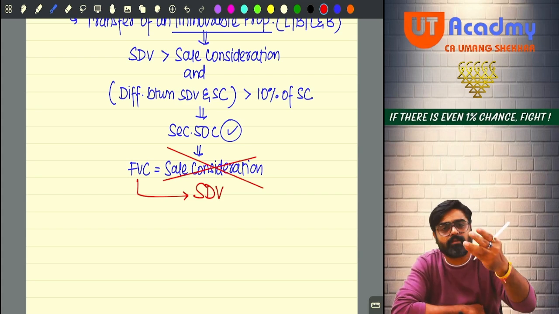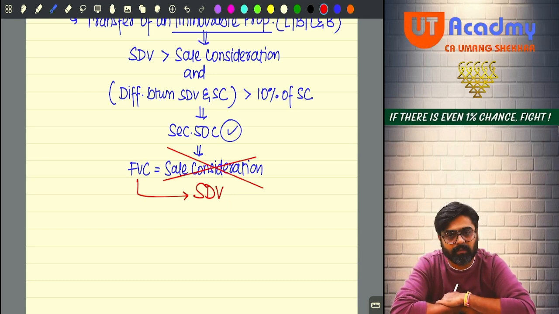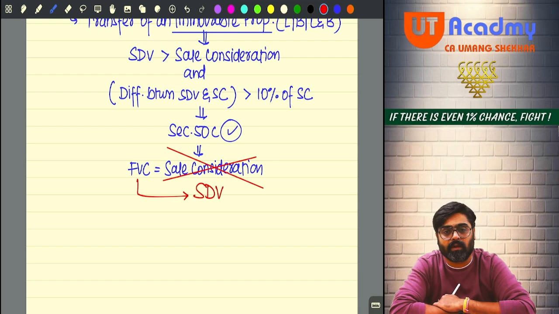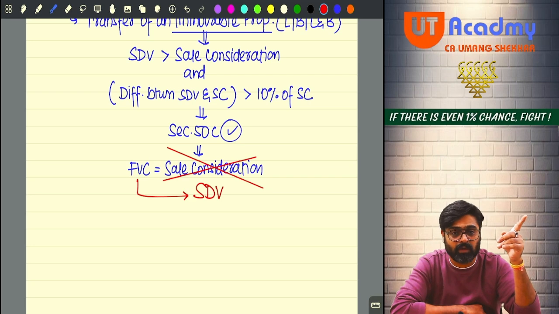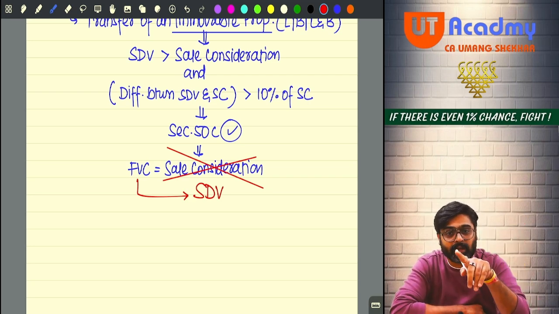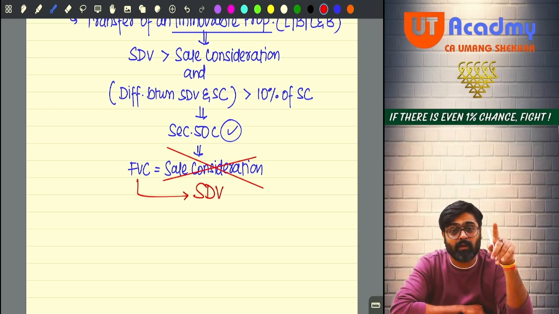If you are selling a property, become a seller and think: you are selling a property for 50 lakh rupees. Would you like to pay tax on 50 lakhs, or would you love to pay tax on 30 lakhs only? Even if you have sold the property for 50, if you get the opportunity to pay tax on 30, definitely you will love to pay tax on 30 only.